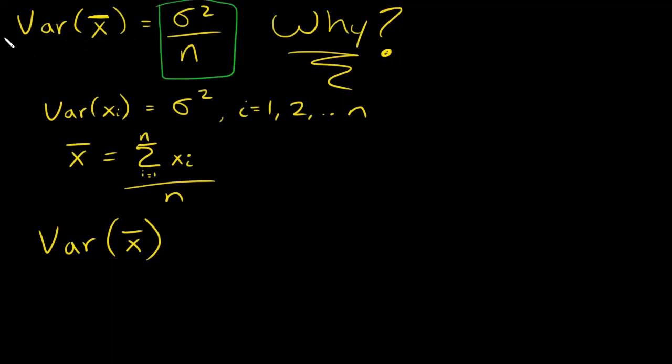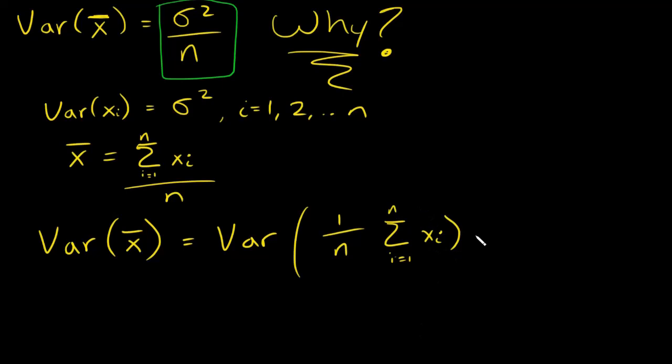So let's find the variance of x bar. This is the same thing as the variance of 1 over n times the sum from i equals 1 to n of xi. I just pull that denominator out front, so it's 1 over n times the sum.